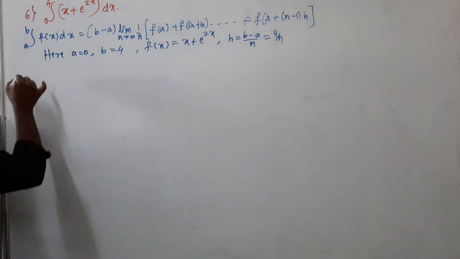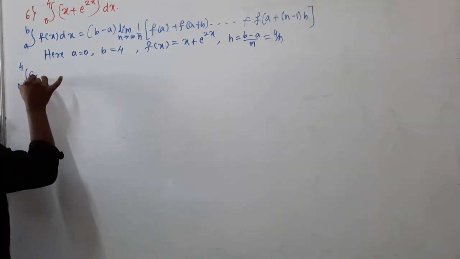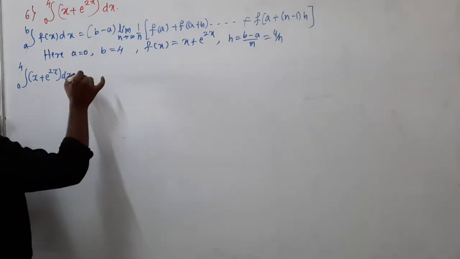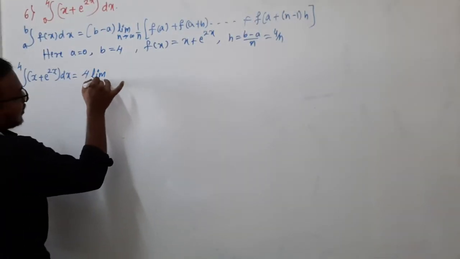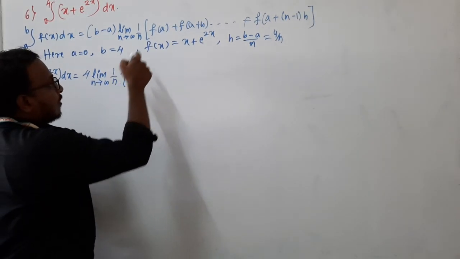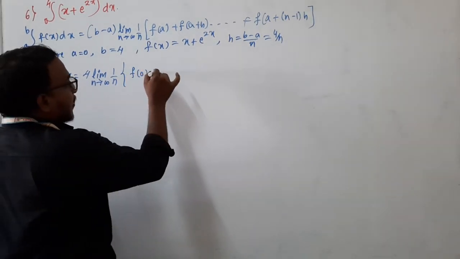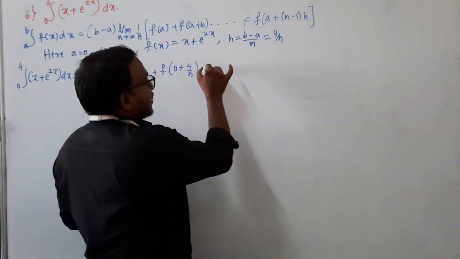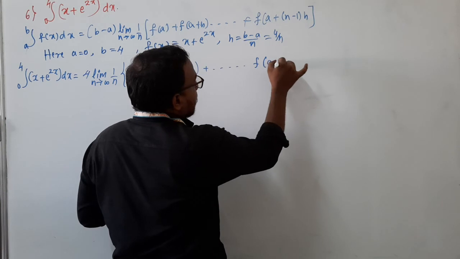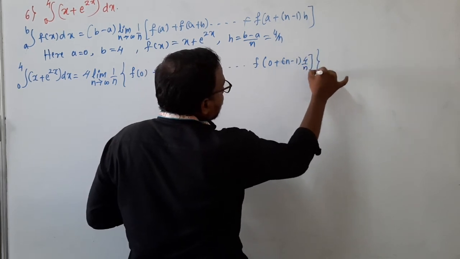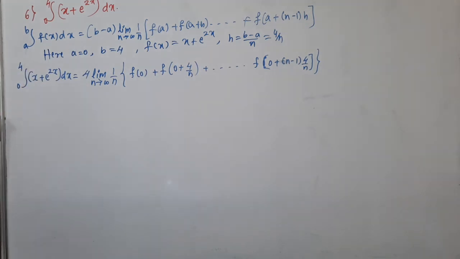Substituting, integration from 0 to 4 of x plus e to the power 2x dx is equal to 4 minus 0, b minus a, that will become 4 only, limit n tends to infinity 1 by n into f of 0 plus f of 0 plus 4 by n, plus up to f of 0 plus n minus 1 into 4 by n.